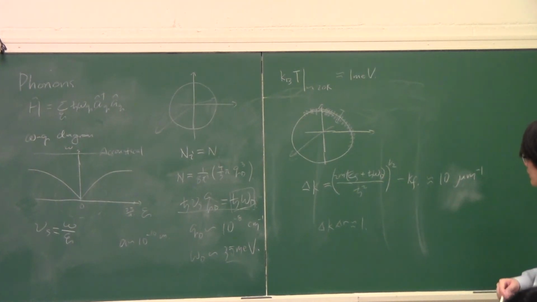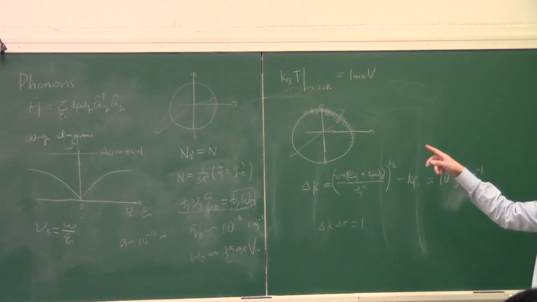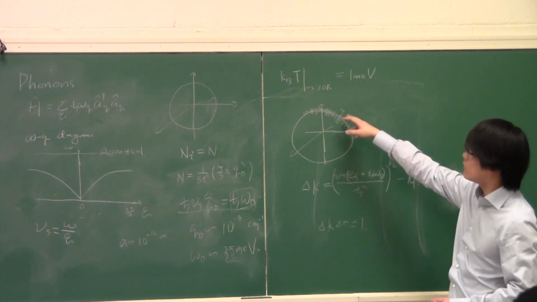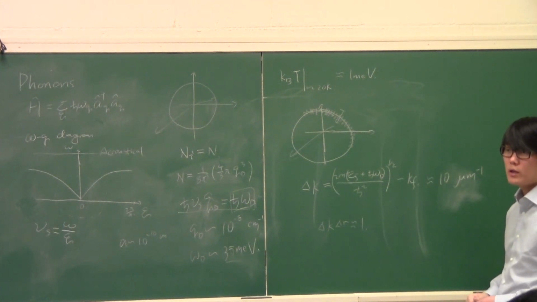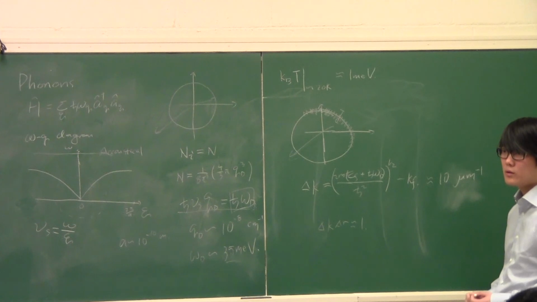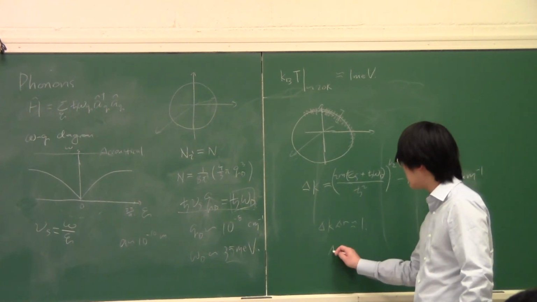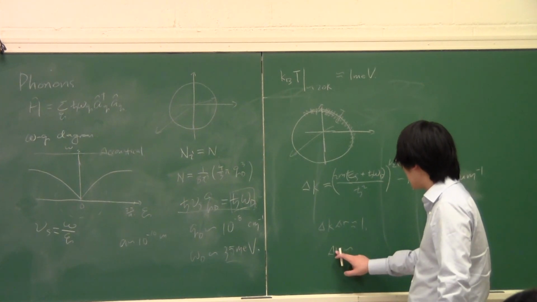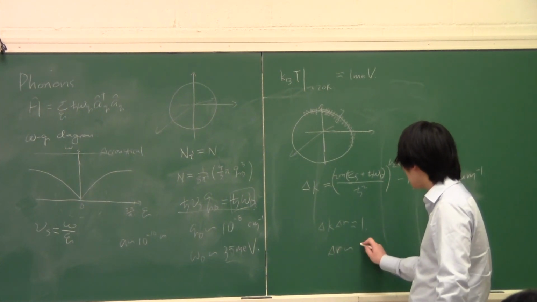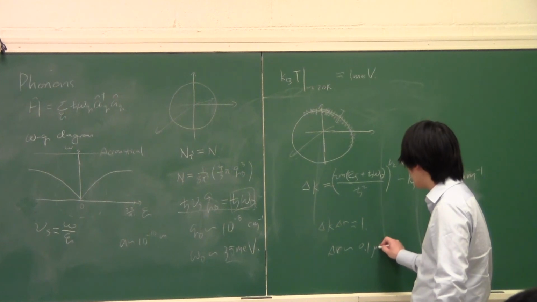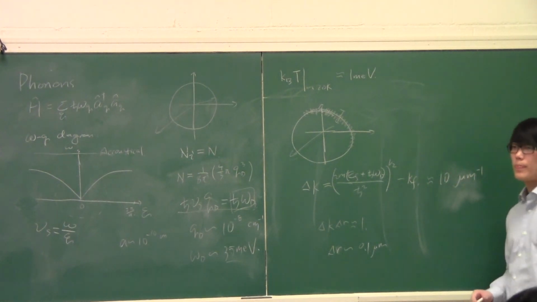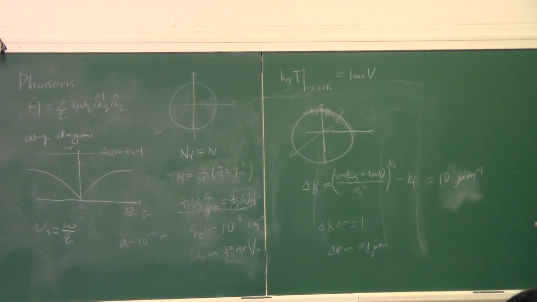Going from P to K. So this tells us that if we have a wave packet assembled from these possible free electron waves, then the spread of the packet is going to be on the order of 0.1 micron. Delta R is roughly 0.1 micron. Okay. So this is the highest possible delta K.